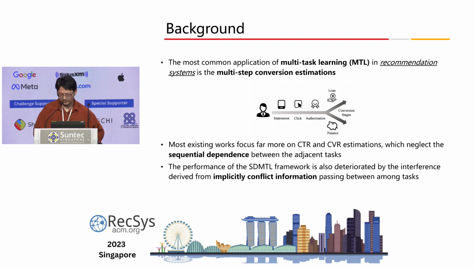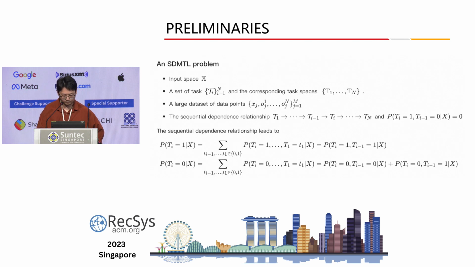The performance of SDMTL framework is also deteriorated by the interference derived from conflict information passing among tasks. We will introduce how we address this problem in the following parts.